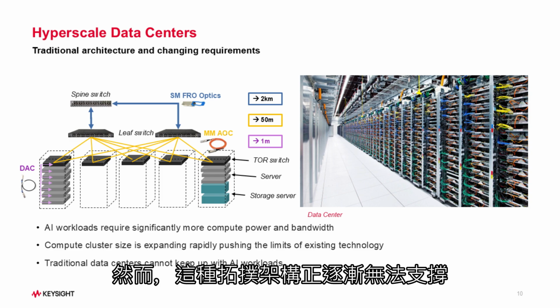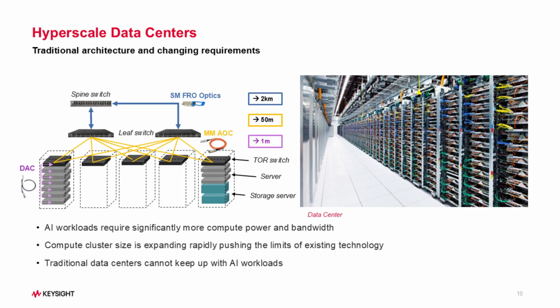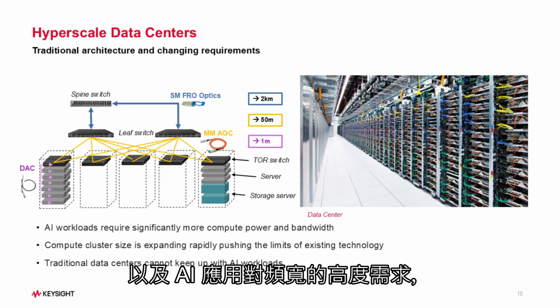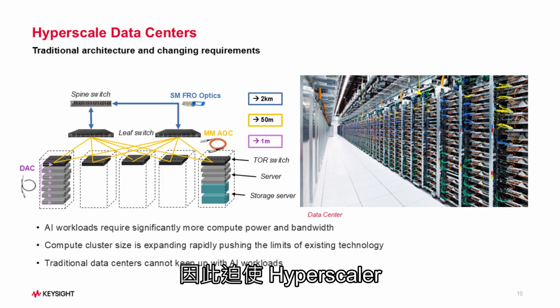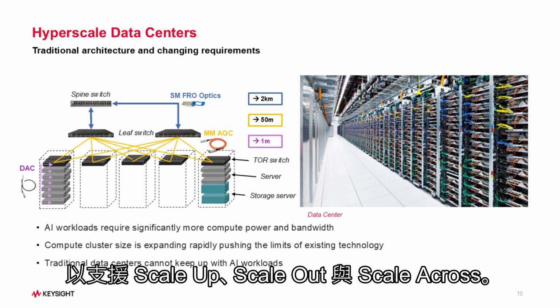However, this topology is starting to crumble under the extreme pressure from hyperscalers and the extreme compute power and bandwidth requirements for AI applications, which is forcing hyperscalers to look for new optical technologies that can address their needs for scaling up, out, and across.